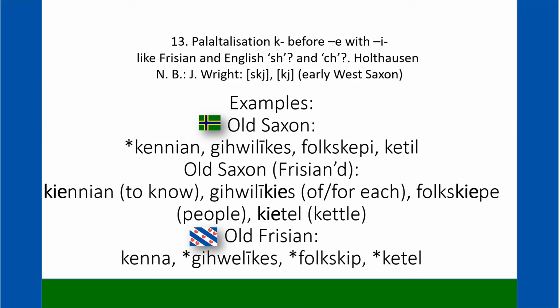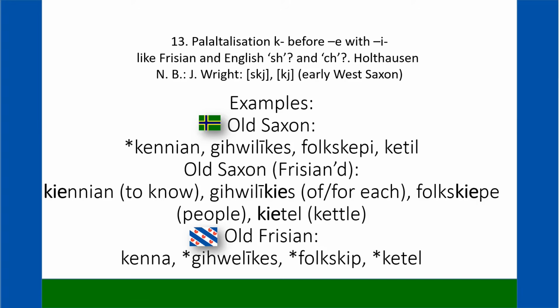I don't know. I'm really not sure, because defensively, you could argue the pronunciation of Old Saxon has this Frisian influence. It could very well be pronounced as sort of a skia sound or a kia sound, as we see in early West Saxon, which is probably 9th century, around the same time as the Heliand.